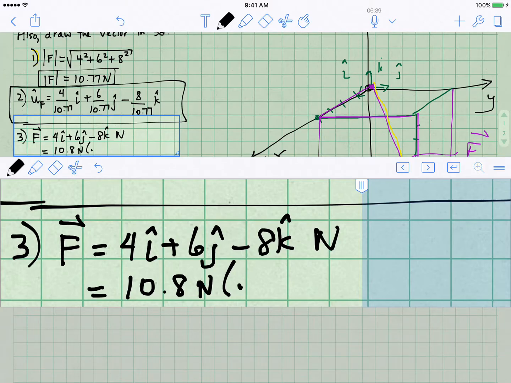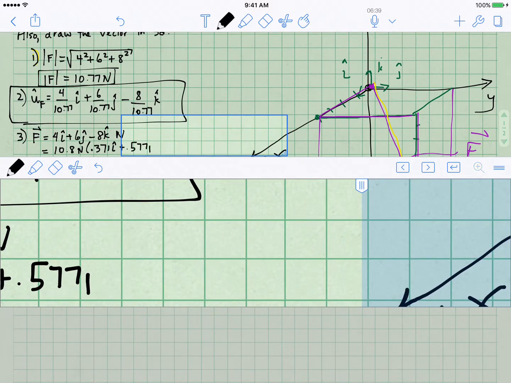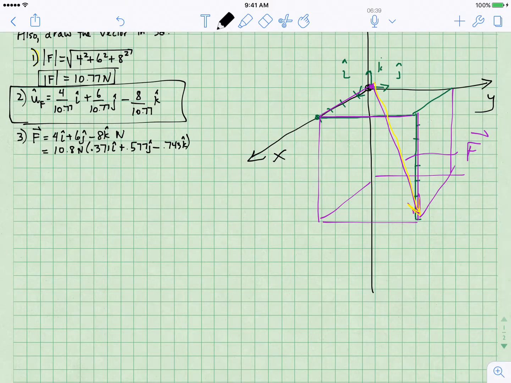I've done the calculation, and that works out to be 0.371i plus 0.577j minus 0.743k. And so we have these 2 equivalent ways of writing the force vector. Let's put a box around that.